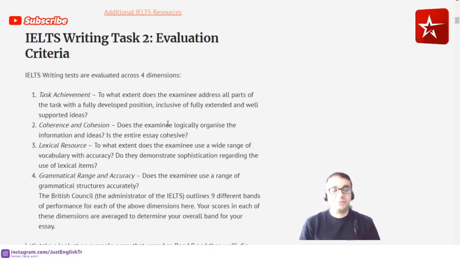My dear friends, today we're going to talk about IELTS Writing Task 2, the evaluation. We're going to go for the fourth dimension of IELTS writing techniques. First of all, we're going to go for task achievement, coherence and cohesion, lexical resource, and grammatical range.